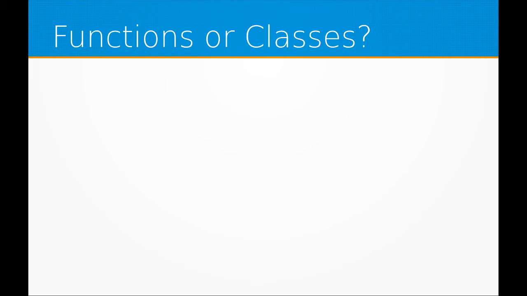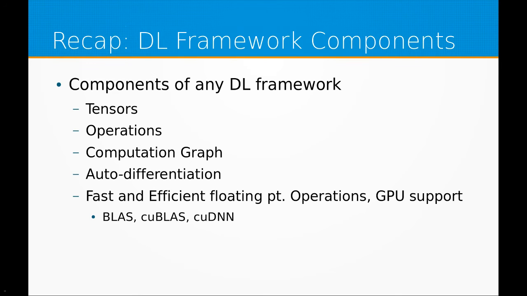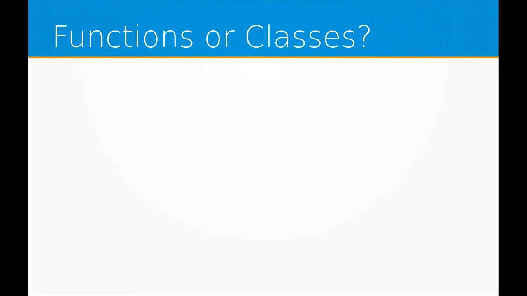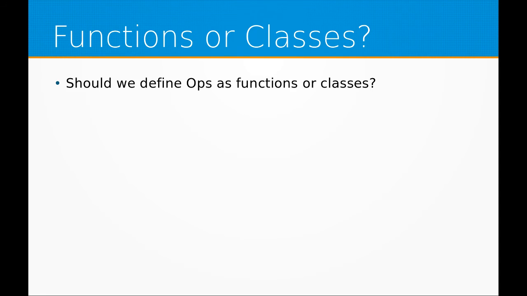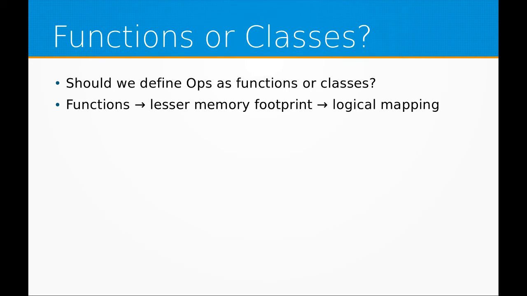Before we go, a fundamental question that we need to answer is, how do we represent tensors, or how do we represent operations? Do we represent them as functions, or as classes? Representing them as functions makes more sense, because we are taking in an input, computing something, and returning a value.